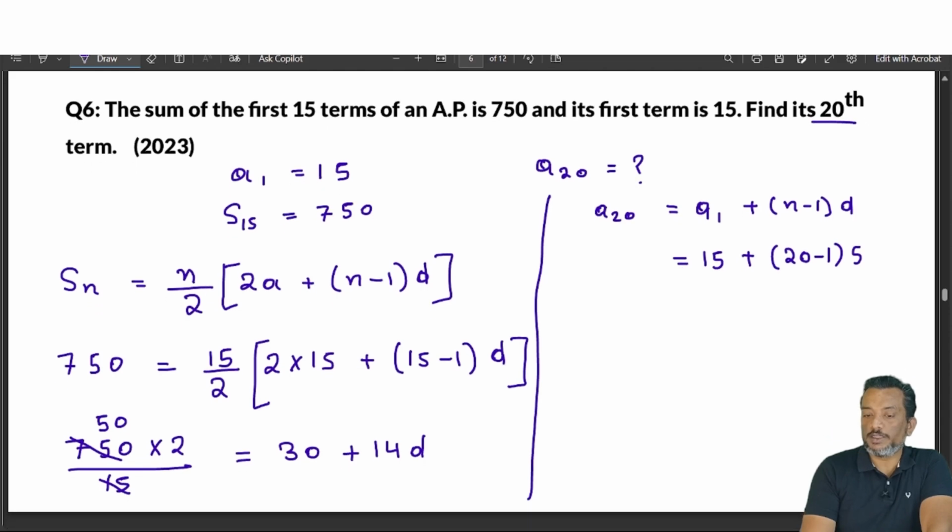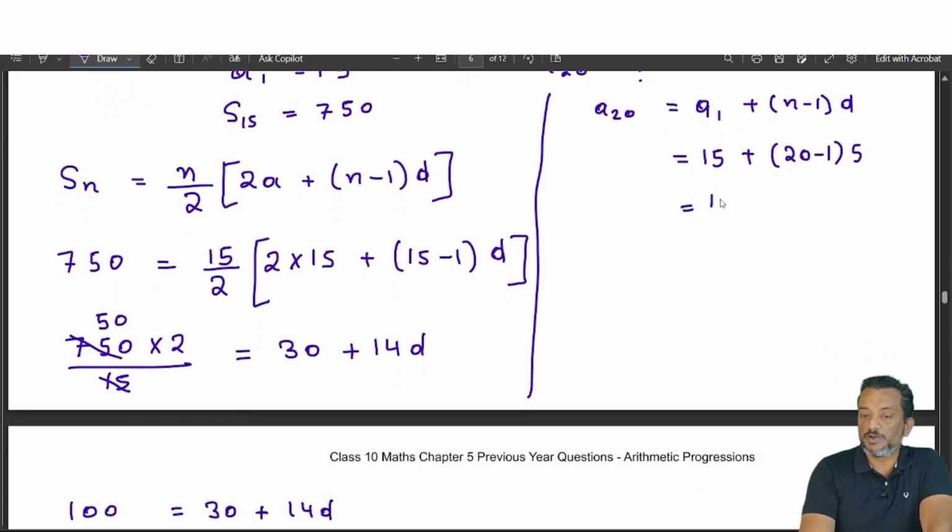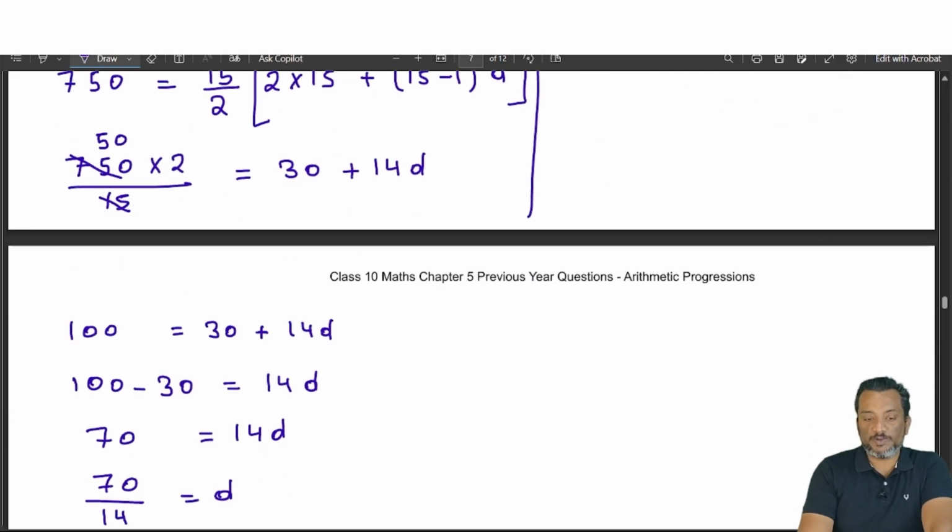Now solve this one. You will get 15 plus 19 times 5, which means 15 plus 95. So you will get 110, which means your a20 is equal to 110. Hope you have cleared this one.